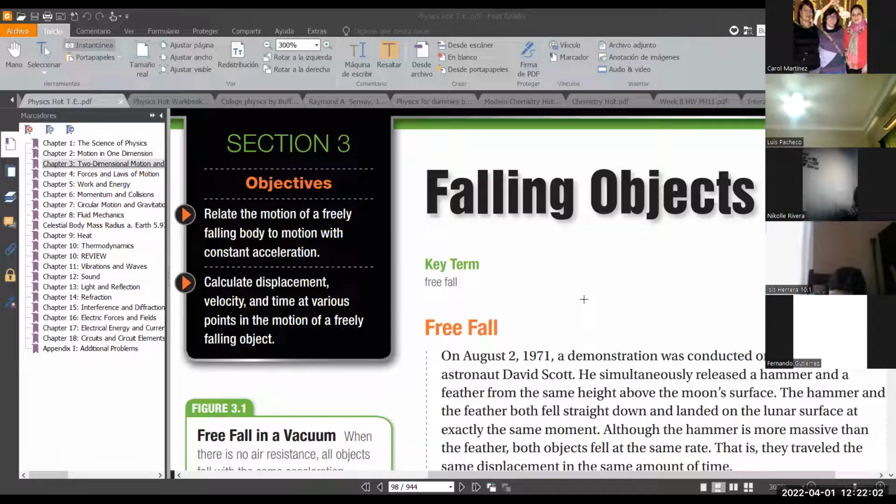That's why when you see movies about space travel or astronauts going to the moon, it looks like they're kind of floating in the air. That is because the gravity over there is less than the one that we have here on Earth.